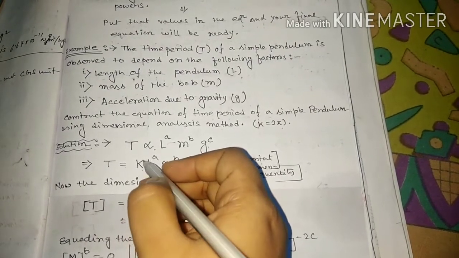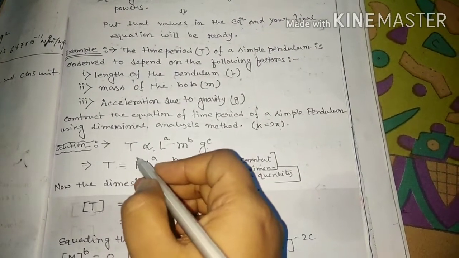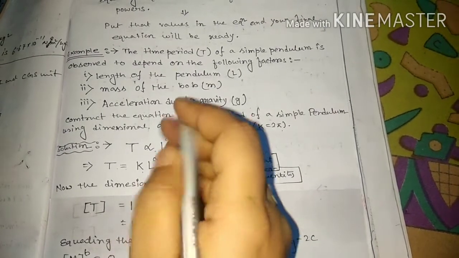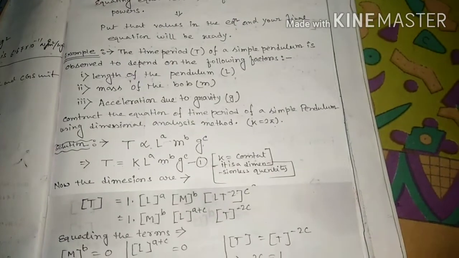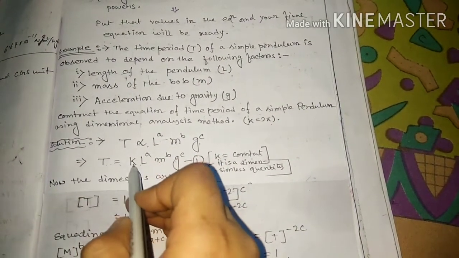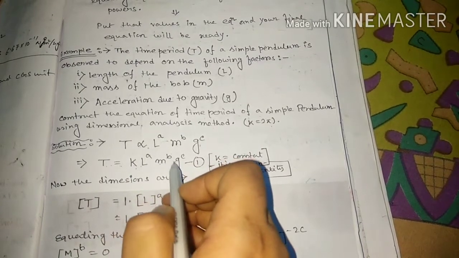So we can write T equals k into L to the power a, M to the power b, g to the power c.